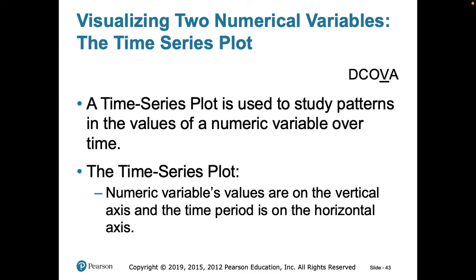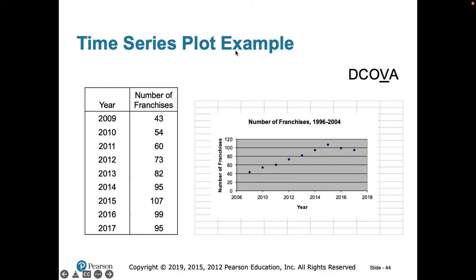What about the time series plot? The time series plot is also used to study patterns in the values of a numerical variable over time. Numerical variable values go on the vertical axis while the time period is on the horizontal axis. So what does that mean? Here it is, right? In this case, you want to calculate the number of franchises this company had. You can see in 2009 they have 43, in 2017 they have 95.